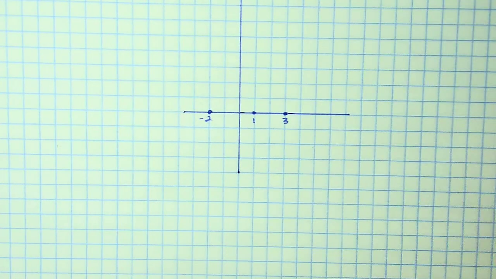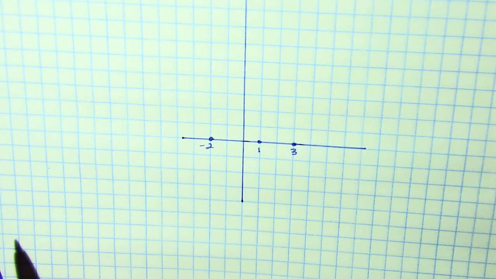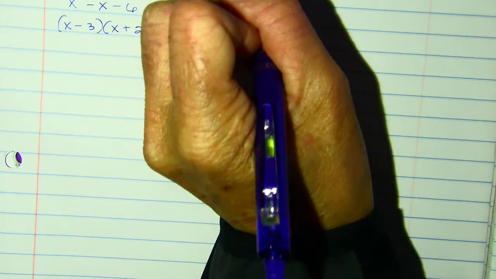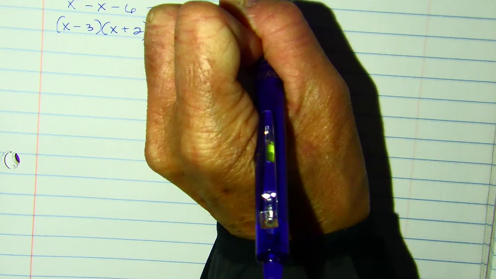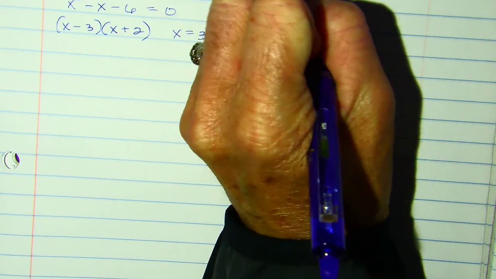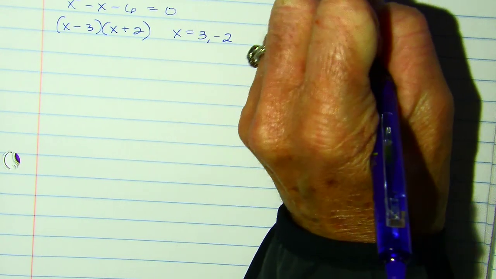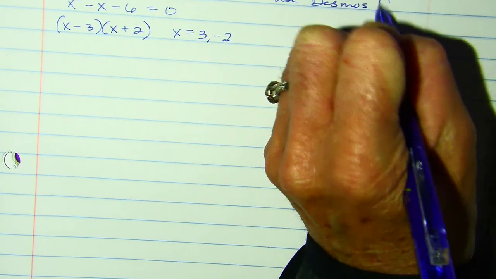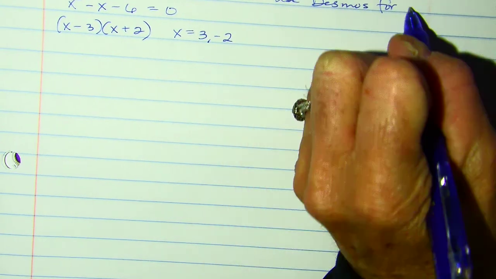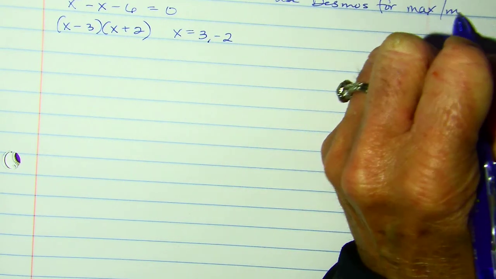And I know that my solutions, or my zeros, are also the x-intercepts of the graph. And then I'm going to use Desmos for any maximum, minimum points.